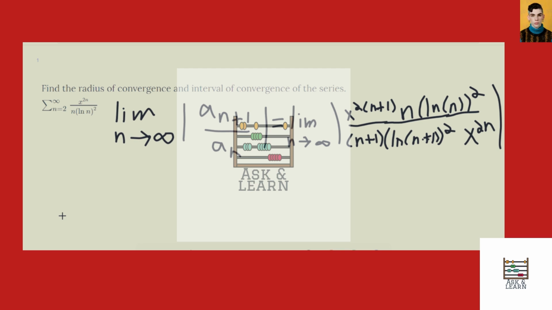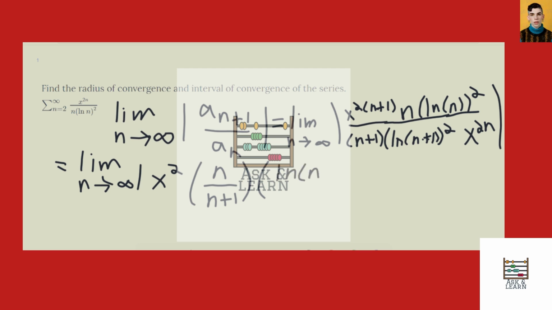So x to the 2n will cancel out with this x to the 2n, and we'll just have x squared there. And then here we have an n, here we have an n plus 1, so we'll group those terms together. And then here, this is an exponent of 2, this is an exponent of 2, so we'll also lump these terms together.